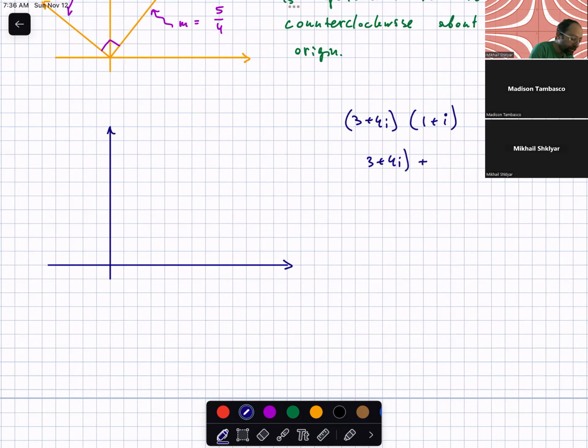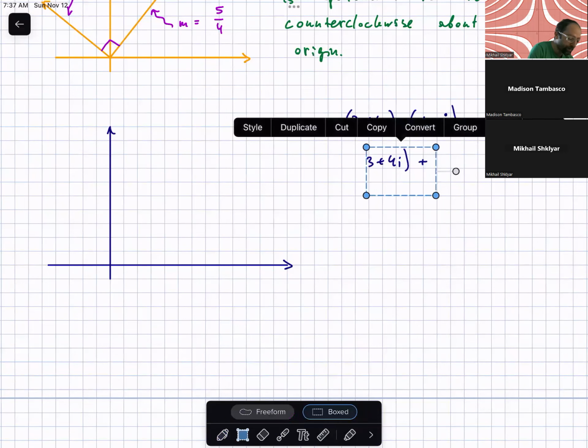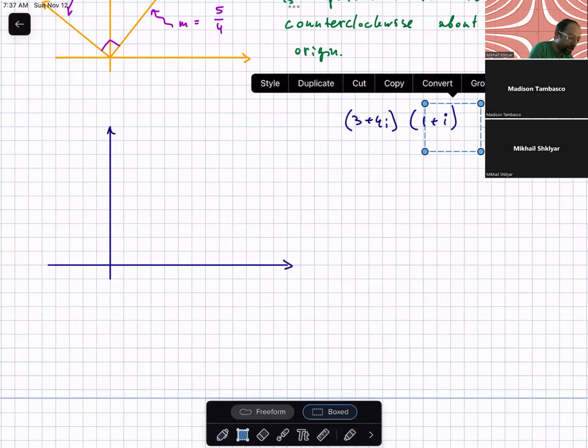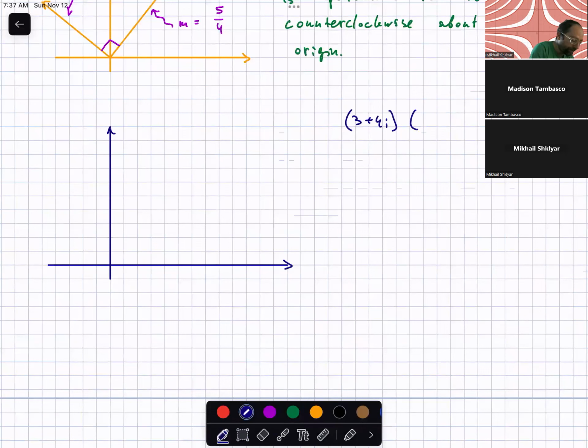Actually, no, let me make it slightly different. Let me make it 2 plus 3i. So I'm going to have 3 times 2 plus 3i, plus 4 times 2 plus 3i times i.